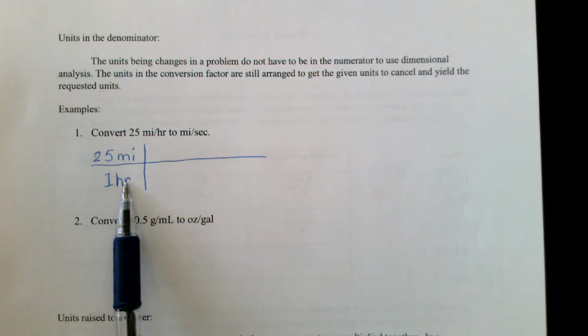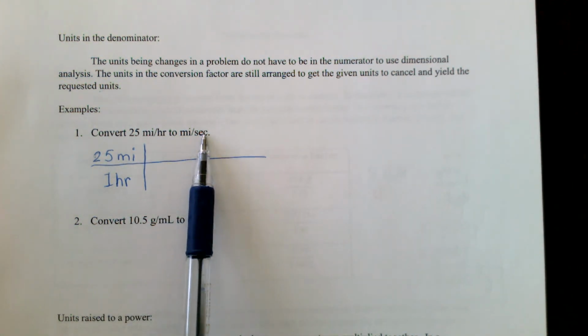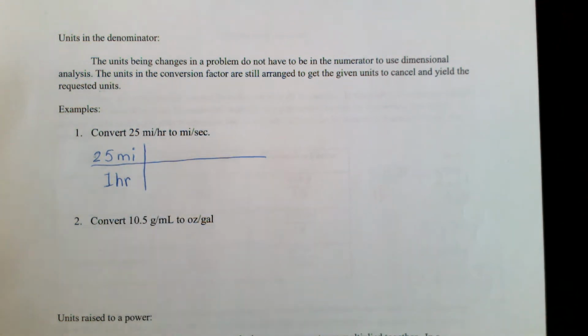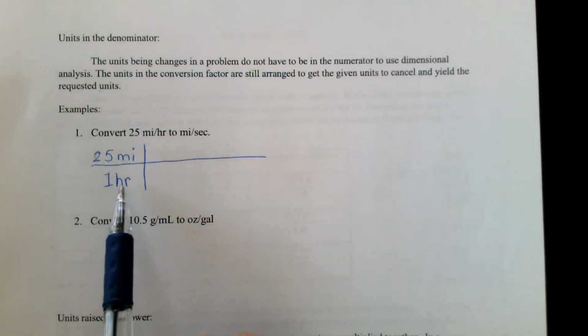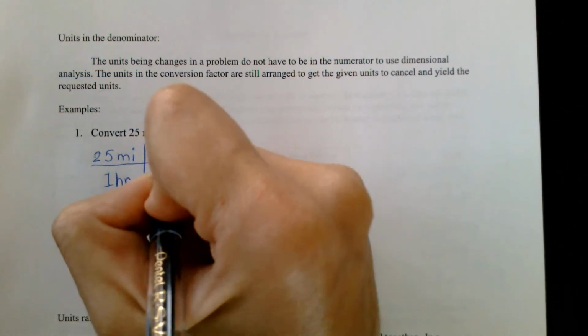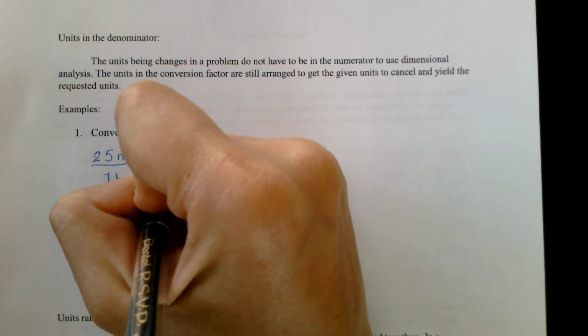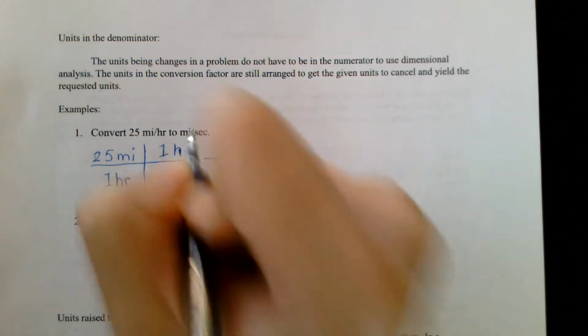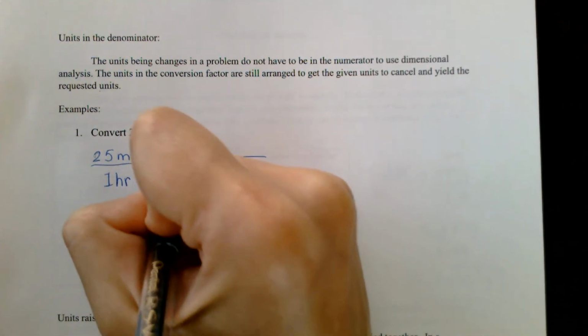So this miles per hour means miles numerator, hours denominator. So we're converting from hours to seconds. So we're going to convert essentially just from hours to seconds here. Okay, so next, let's think about how we can approach seconds. So we're going to have hours up here. So I know that in 1 hour, I have 60 minutes.